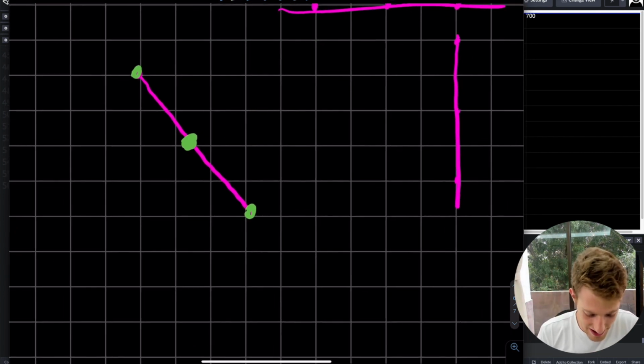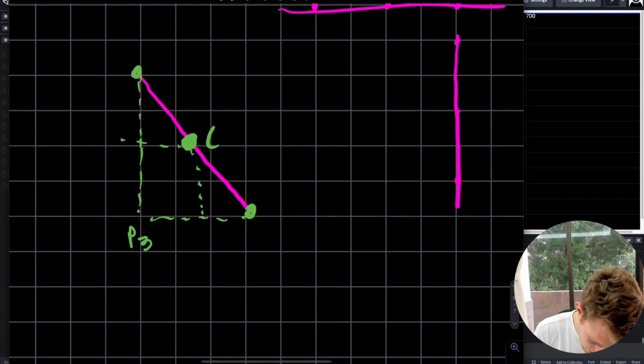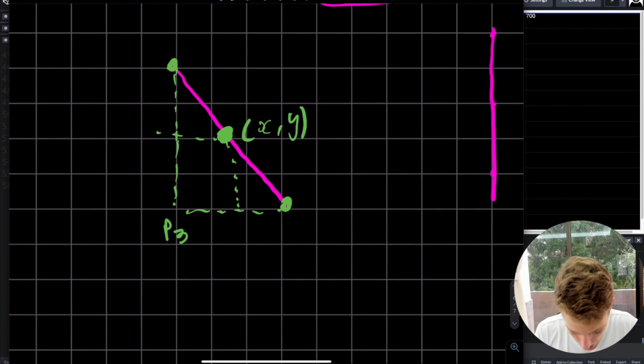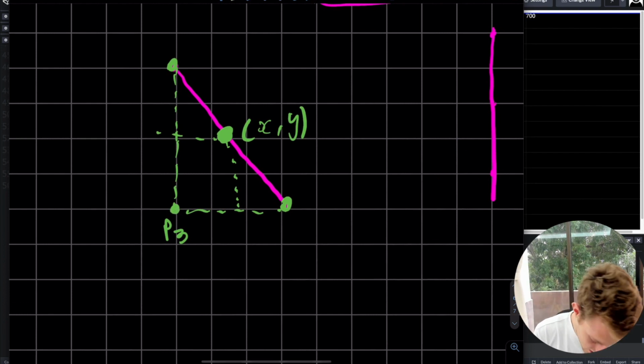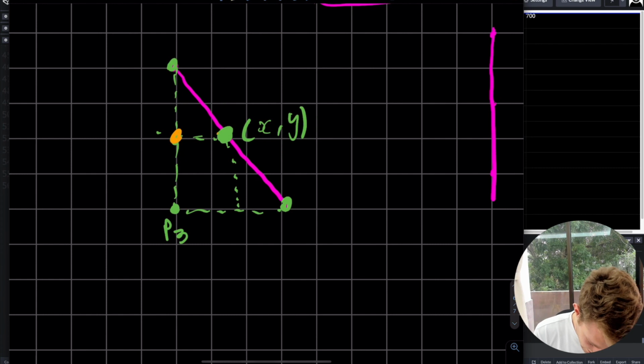And this is where you can see the usefulness of how we've drawn this triangle. If I project this point down, I'm going to draw a triangle again. This is my P3. I want to know what this coordinate is over here. I'm looking for this x and y. Now, we know that this y over here is the same as this y.